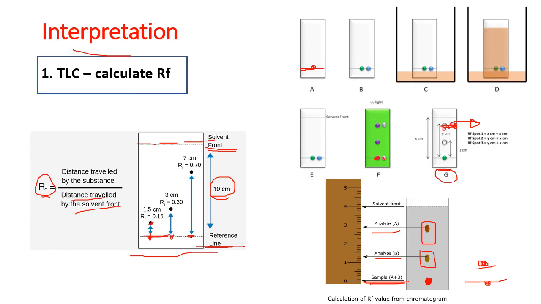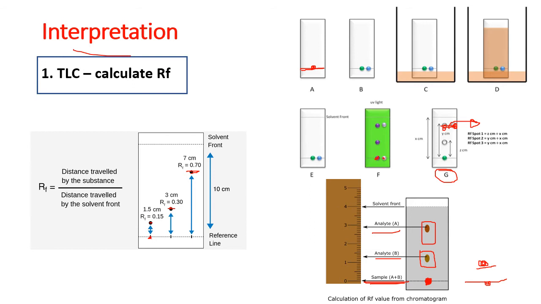So let's do this. If you are given this TLC sheet on paper and you need to calculate the RF for those 3 spots given for the 3 samples, how will you do this?